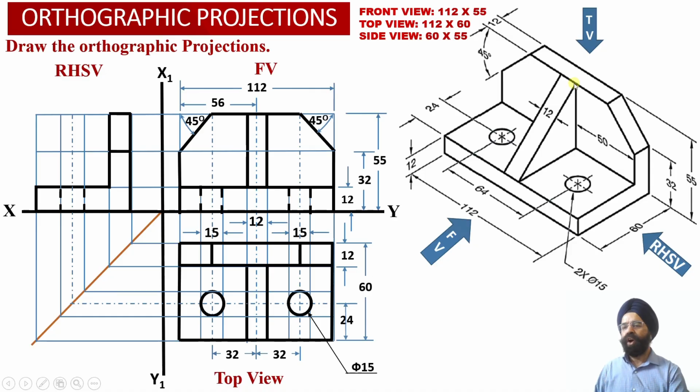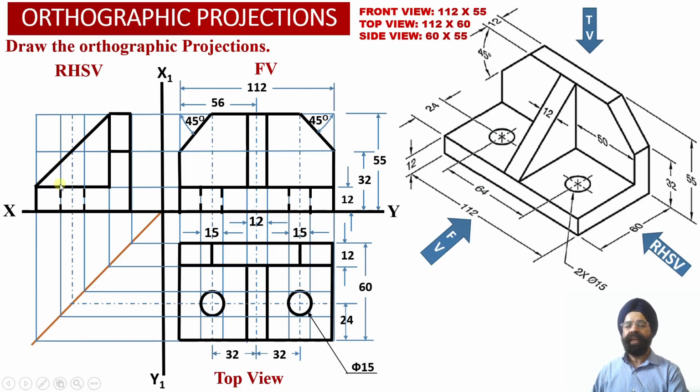Now finally, corresponding to this element number 3, which happens to be an inclined triangular web over here. Since this surface happens to be parallel to the profile plane, when we join this corner point with this corner point, we are going to obtain triangular true shape projections corresponding to this web, which is perpendicular to the front face of the solid, into the profile plane view projections over here.